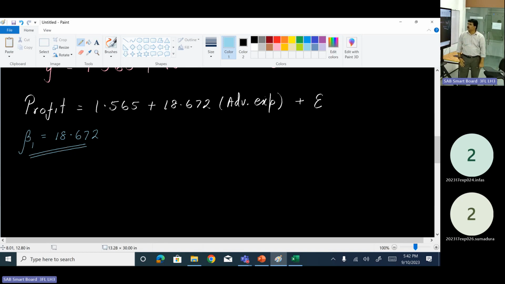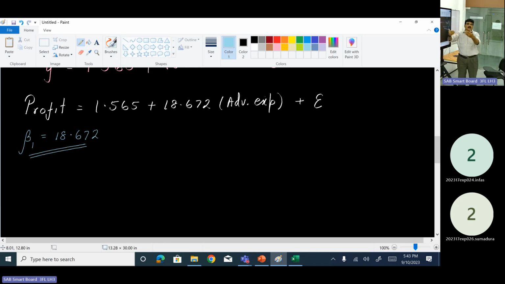So an extra million on advertising will generate an extra profit of 18.672 million. That's the explanation, right? Put it in a nice form. So when we increase the advertising expenditure by 1 million, profit will increase by 18.672 million.